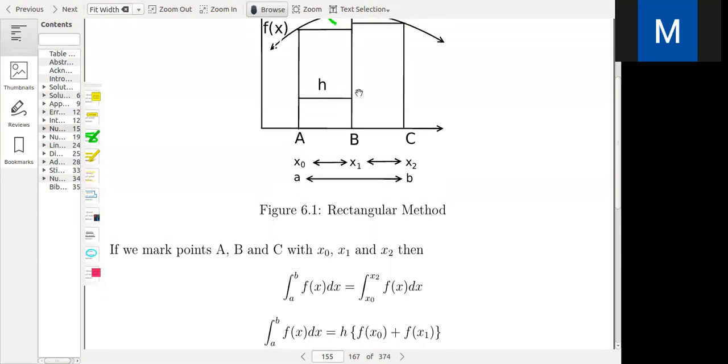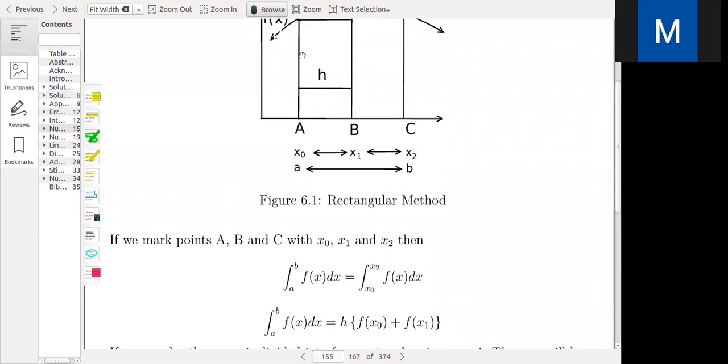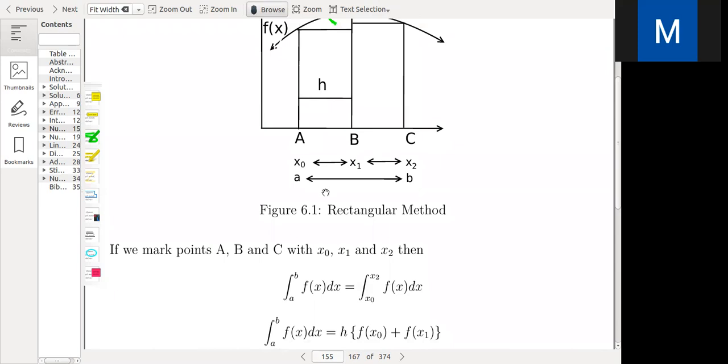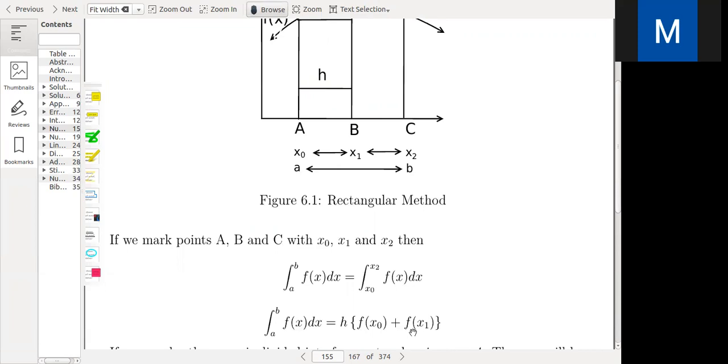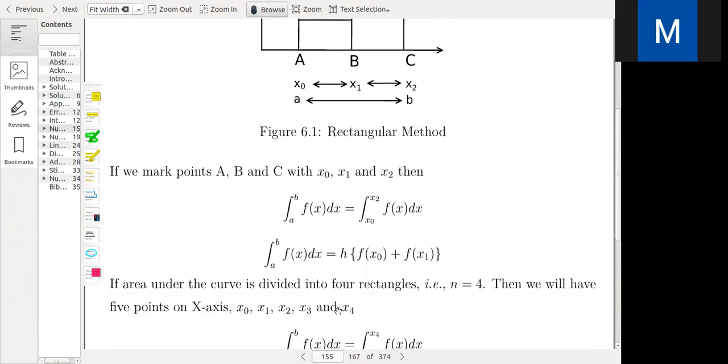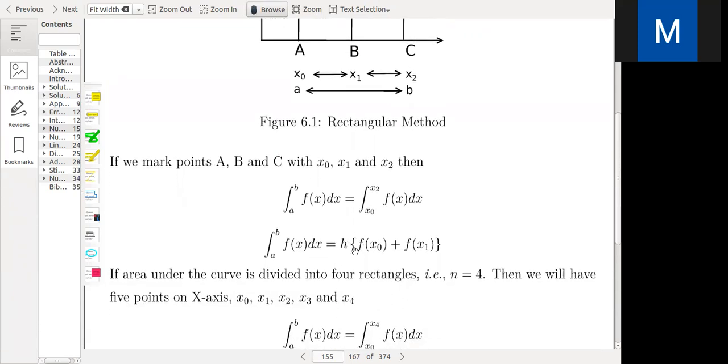So area of the first rectangle is height into width, and area of the second rectangle is height into width. So then we can write h into f of x0 plus f of x1.